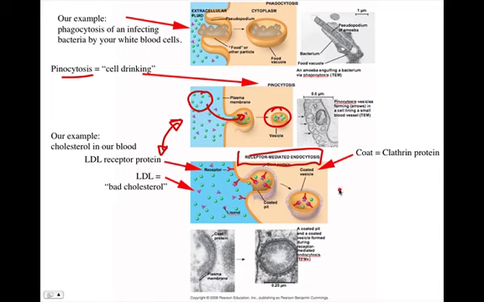It might be a cell in the ovary or testes that wants some cholesterol to build a steroid hormone like estrogen or testosterone. More typically, it's any cell, because any cell needs some cholesterol, and it'll be grabbing it and pulling it in.